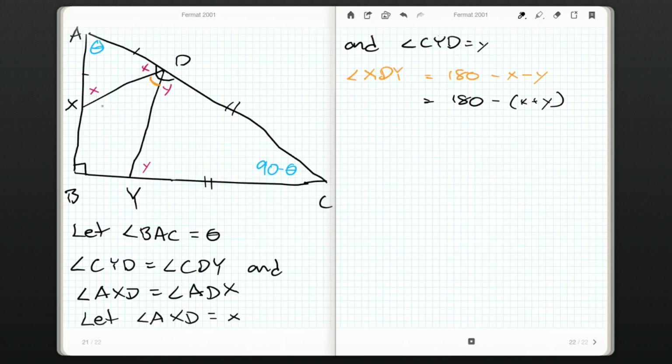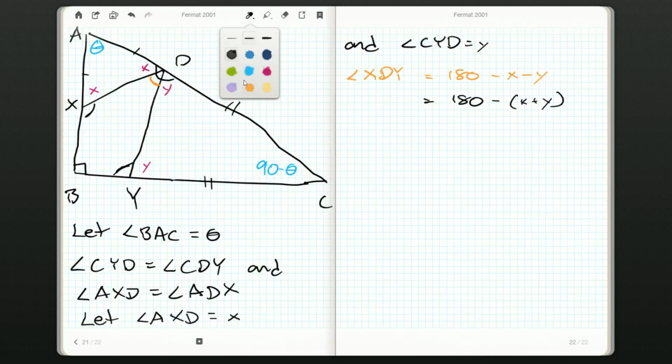But if I take a look at these angles right here, which we'll put in purple, these are exterior angles to our triangles XAD and YCD, respectively. As such, they are the sum of the two other angles, not the one they're associated to. Another way to see this is that together this angle and Y form a complete 180 degree line, but the interior angles of a triangle sum to 180 degrees, so this purple angle has just got to be what's left over.